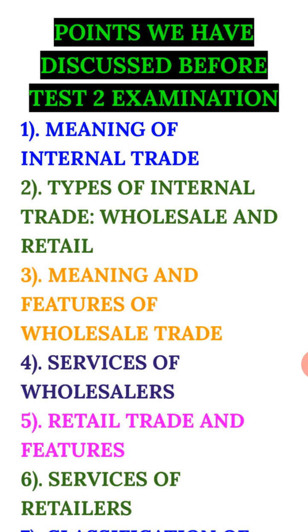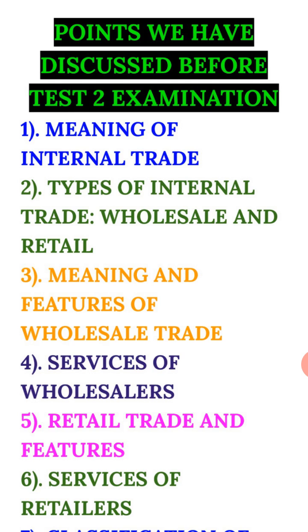Thereafter, services of the retailer, to consumers and to manufacturers. Some of the services of the retailer to the consumers are regular availability of products, wide selection, new product information, and so on. And some of the services of the retailer to the wholesaler are help in distribution of goods, personal selling, enabling large scale production, and helping in promotion.